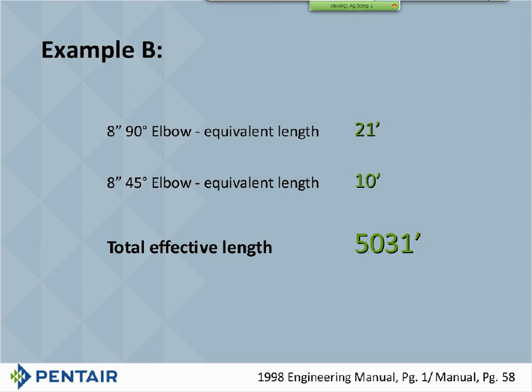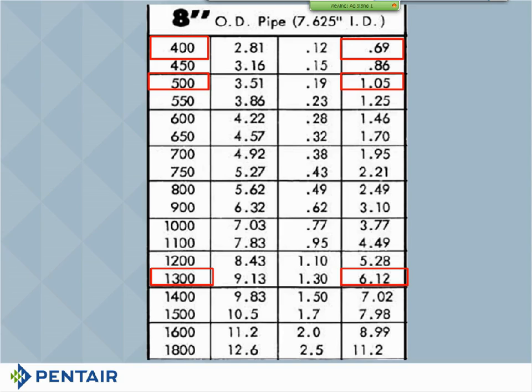So you'll notice here, this is the 8-inch OD pipe out of the B9020, okay? At 400 gallons a minute, we're at 0.69, which is just about what we were with 200 gallons a minute in the 6-inch pipe. 500 gallons a minute is 1.05. 1,300 gallons a minute is 6.12.